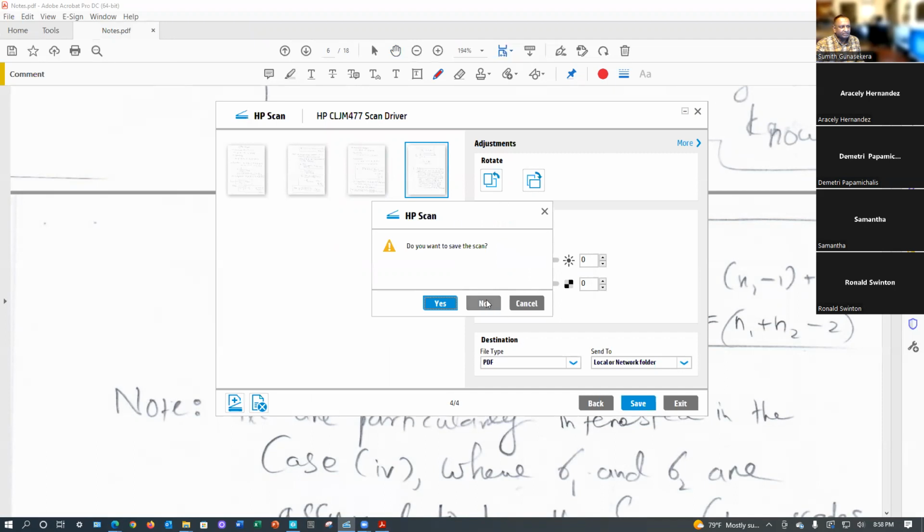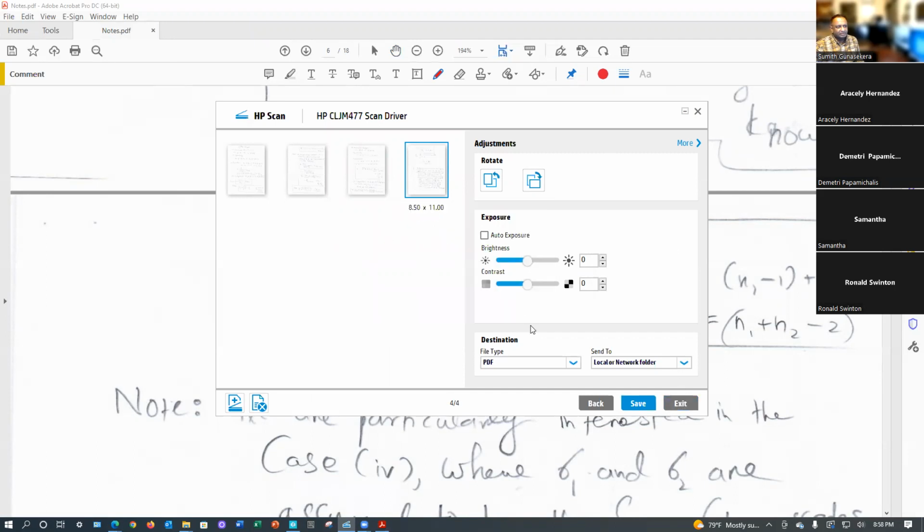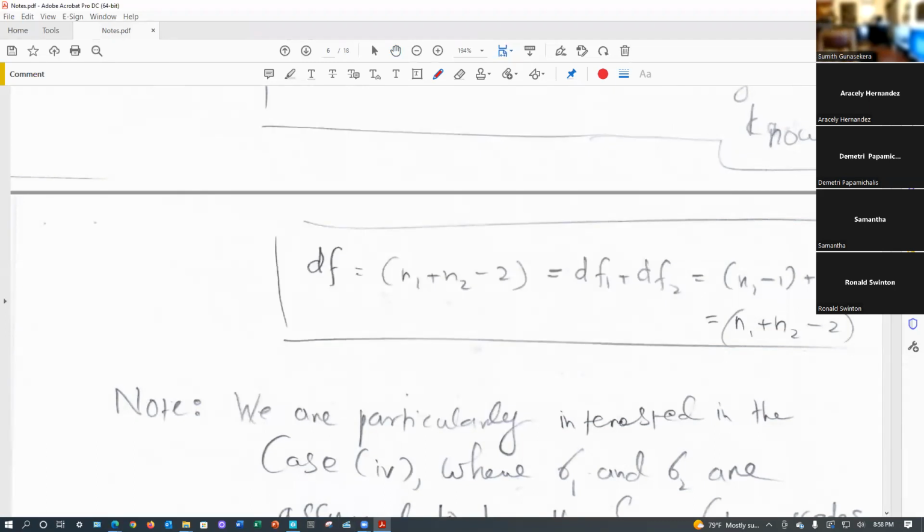Okay, that's okay. There are 6 pages. Try to get the other page.